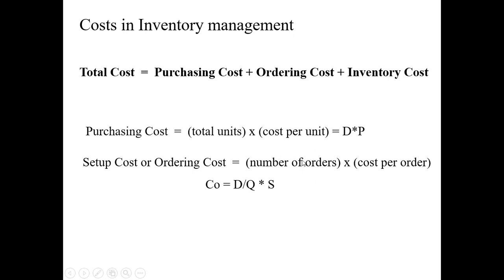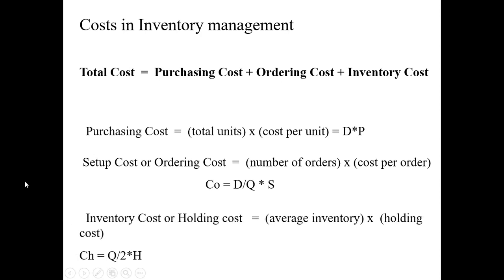But if you are making more orders per year, definitely we'll have more expenses. This is calculated by the equation C0, the ordering cost, is equal to D by Q into S, where D is the annual demand, Q is the batch size, the quantity that is ordered in every batch, and S is the cost for one order.